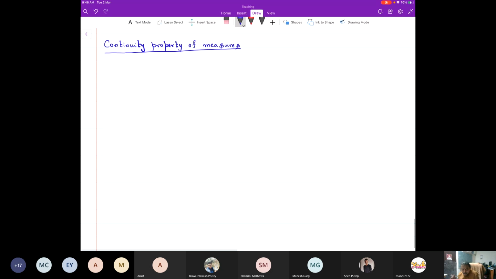Yes. So we are going to make use of it, right? The simplest ones among them are the increasing and decreasing ones. So we'll first start with an increasing sequence of sets.